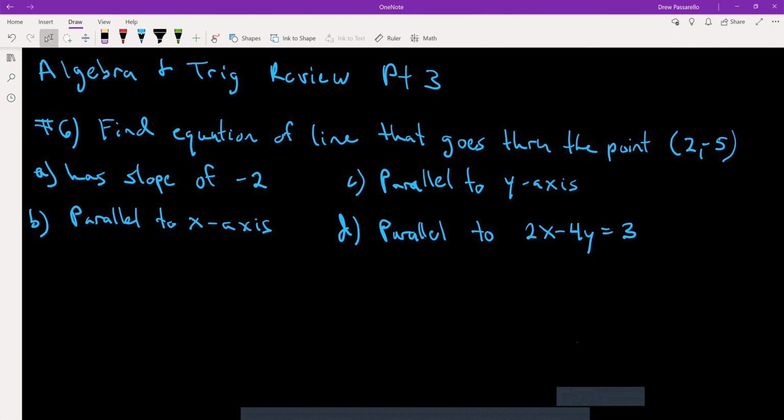Okay, so recall from one of the algebra classes, there's the 3 main equations for a line.